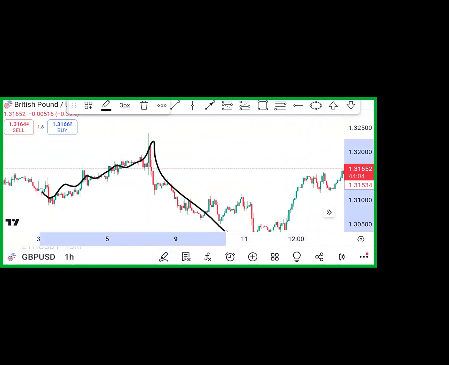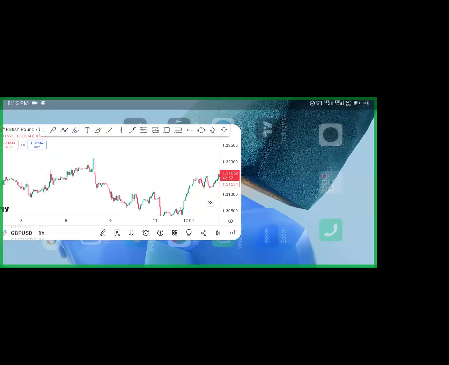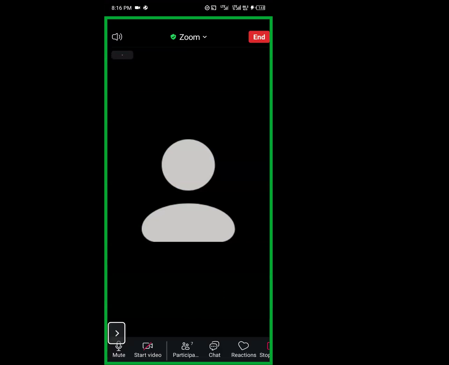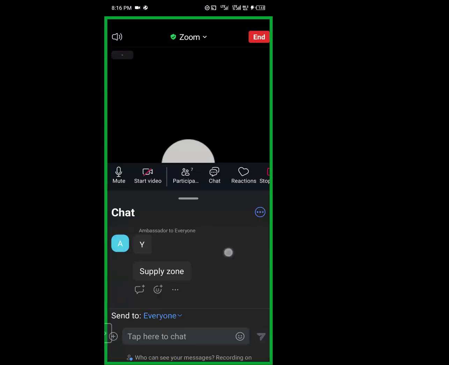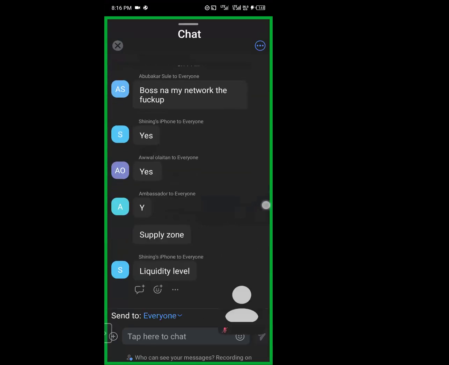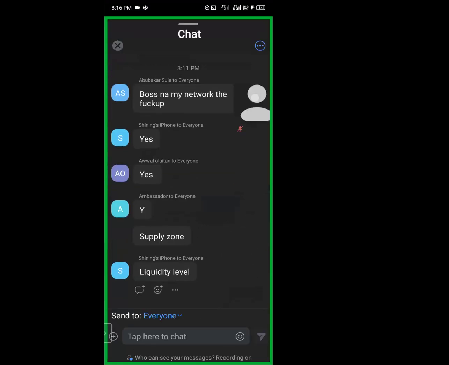Let me see if you guys are following. When sellers get into the market at a level, what do I call that level? What did I call the level? Reply in the chat box. Let me see if you guys are actually following. Supply zone, liquidity level. All right.